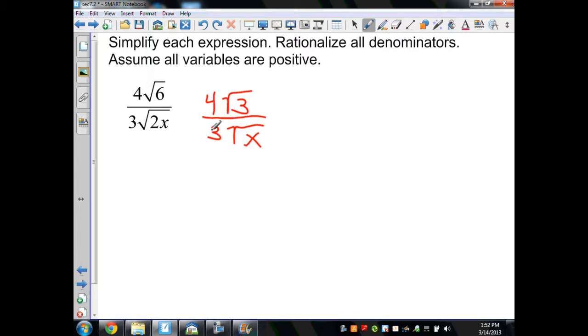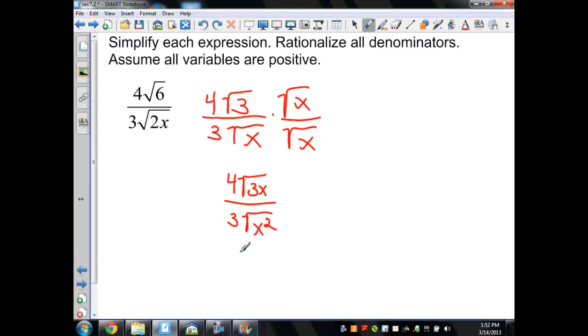Now, that keeps me realizing that I need to rationalize because I'm not allowed to have a radical in the denominator. So I'm going to multiply by the square root of x over the square root of x. 4 square roots of 3 times the square root of x. I use my product rule, 4 square roots of 3x over 3 square roots of x squared.